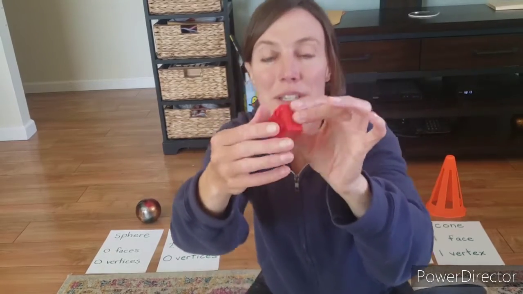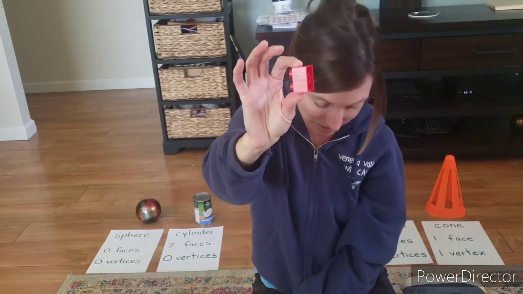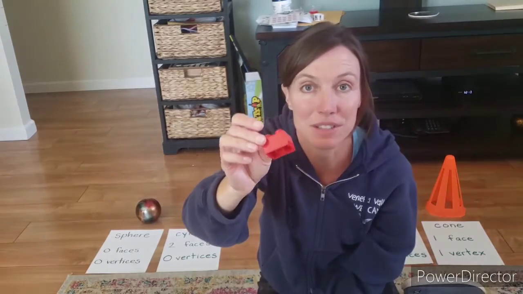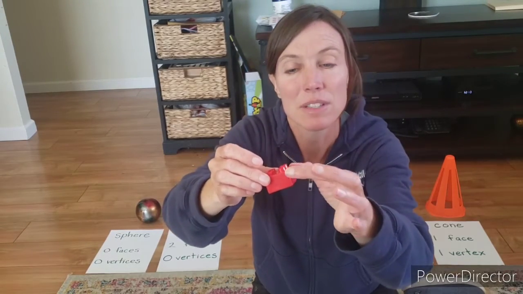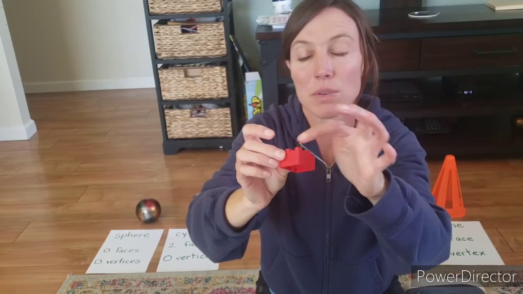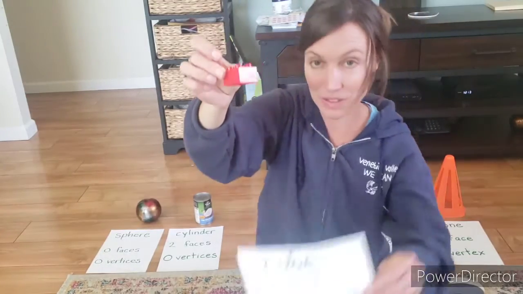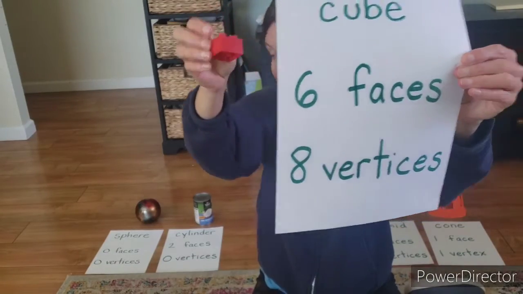So we would say 1, 2, 3, 4, 5, 6 faces, and then it has 8 vertices or 8 points. Do you guys see how these come together in the corners? So 1, 2, 3, 4, 5, 6, 7, 8. 8 vertices, so that's a cube.